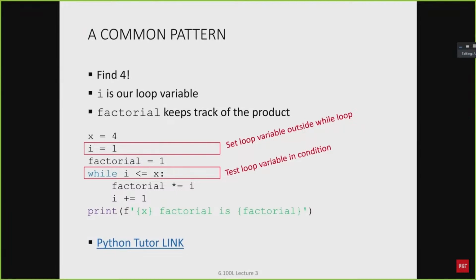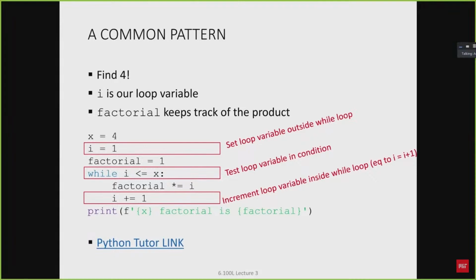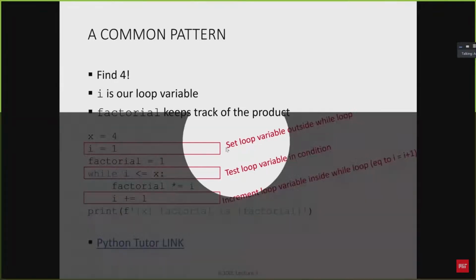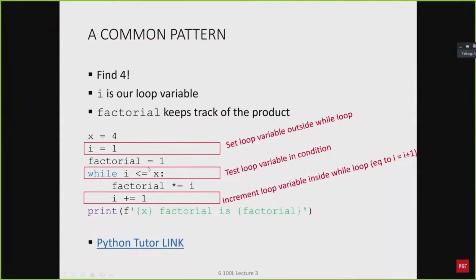And then inside the body of that conditional, I'm changing it in some way. So I'm setting i to 0, I'm incrementing i by 1 each time through the loop, and I'm making forward progress towards making i greater than x, at which point my conditional will become false.